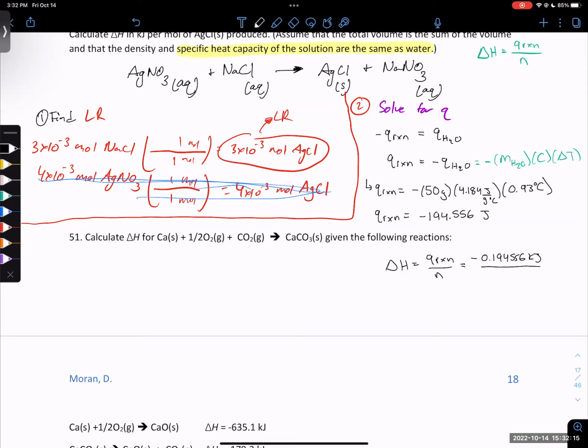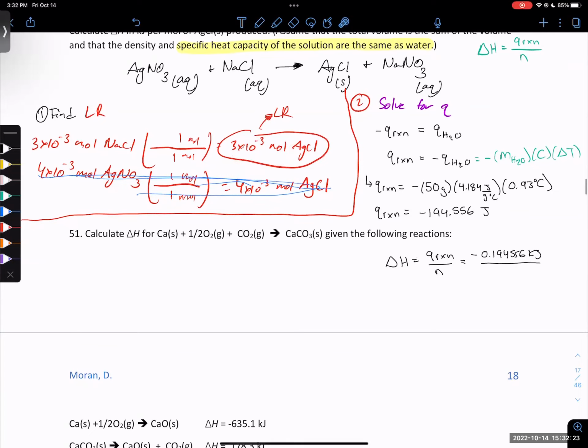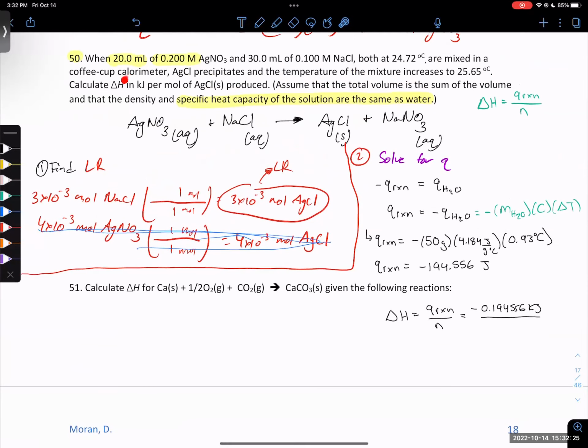And then you have to divide it by the moles, but we're dividing by the moles of the limiting reactant because that's actually how much is produced, right? Or that theoretical. It says it wants us to find the delta H in kilojoules per mole of AgCl. So that's how I know I'm dividing by the moles of AgCl and not the moles of anything else, okay? So that tells us in the problem.